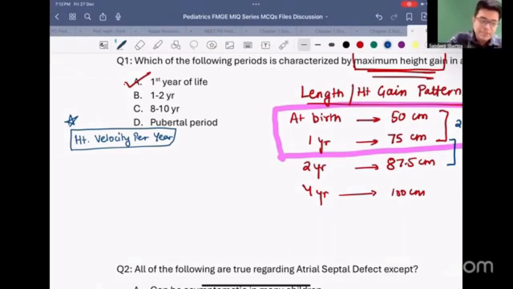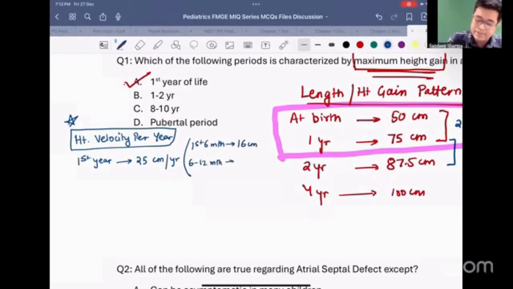So remember that in the first year of life, the height velocity of any child is 25 centimeters per year. In bracket, you can write that in the first 6 months, the child gains 16 centimeters and in 6 to 12 months, the child gains 9 centimeters.